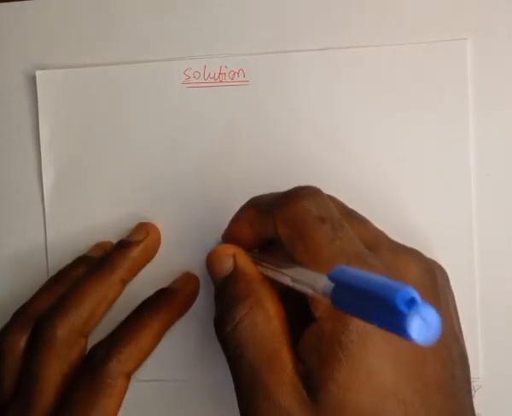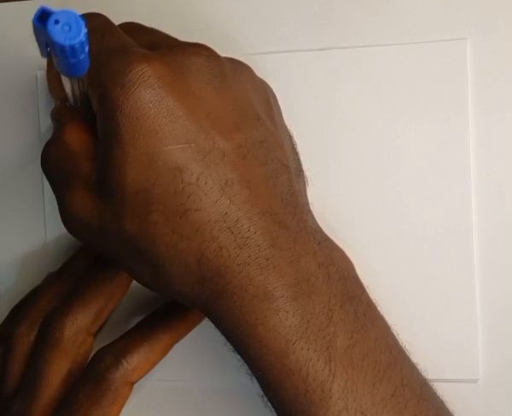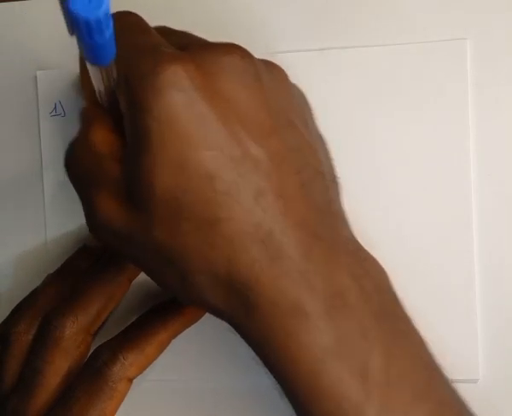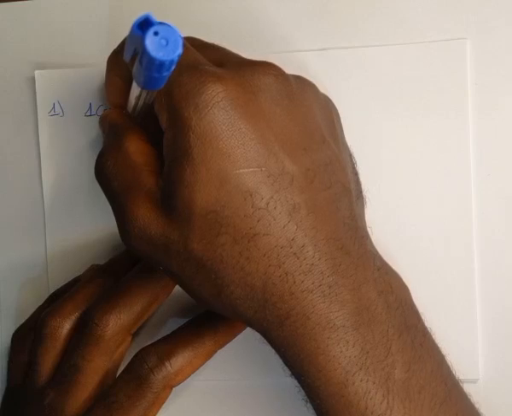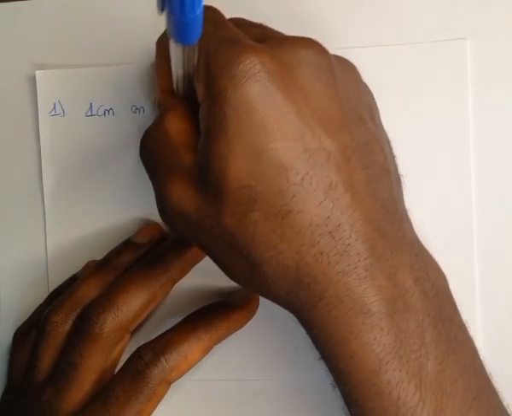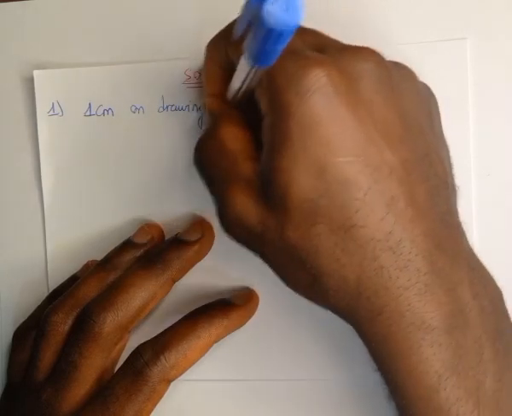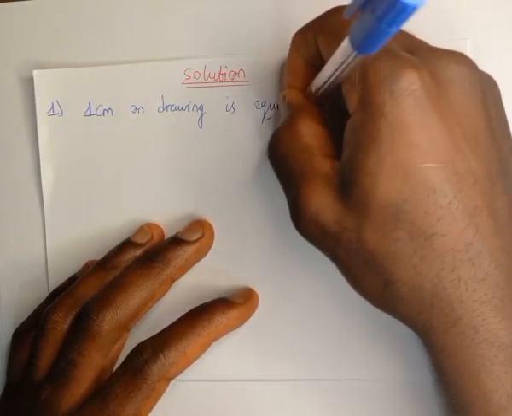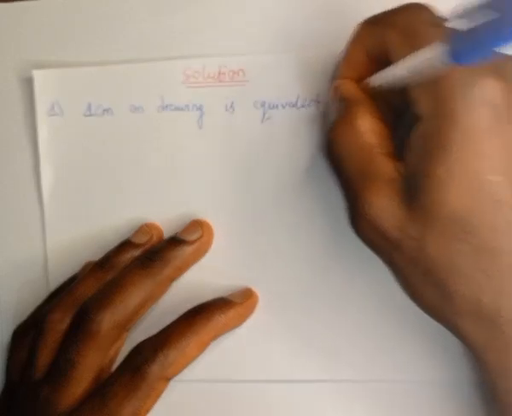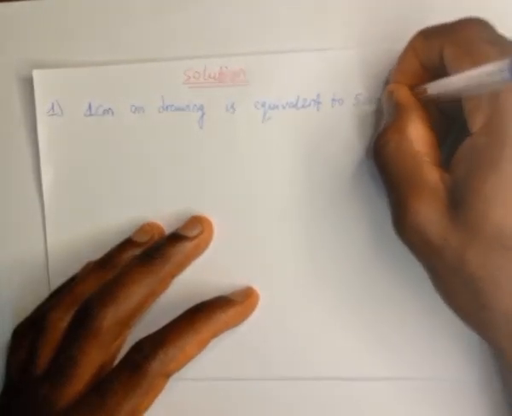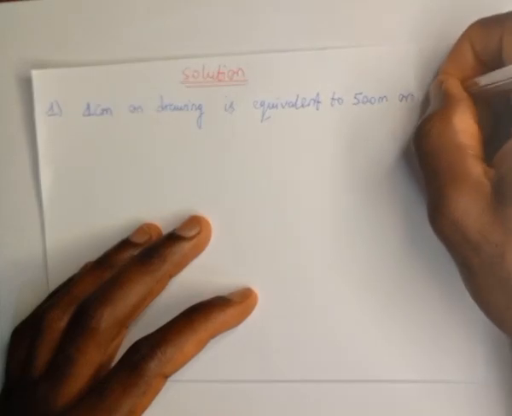For question A, we start with question 1. 1 centimeter, that is the scale, is equivalent to 500 meters on Earth.